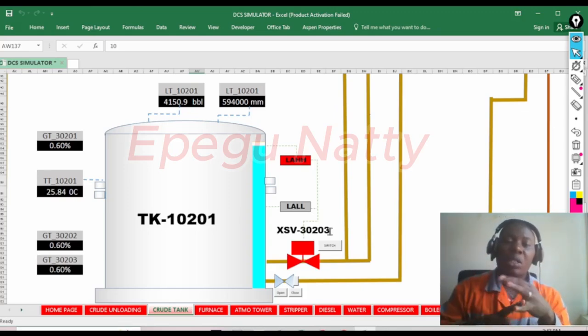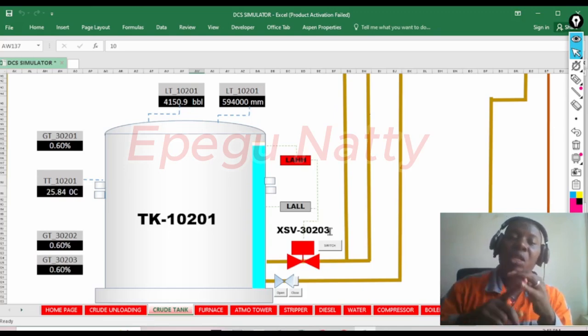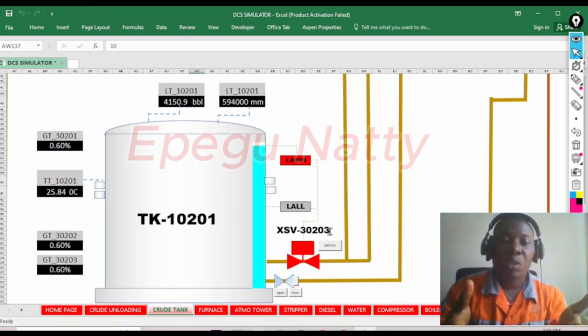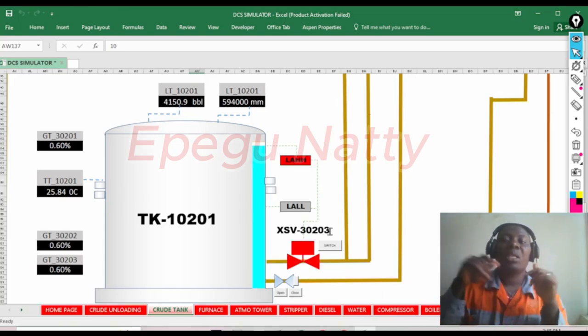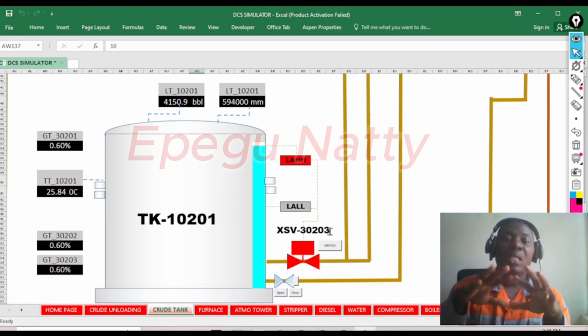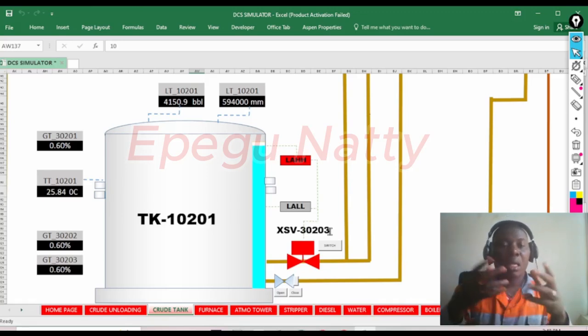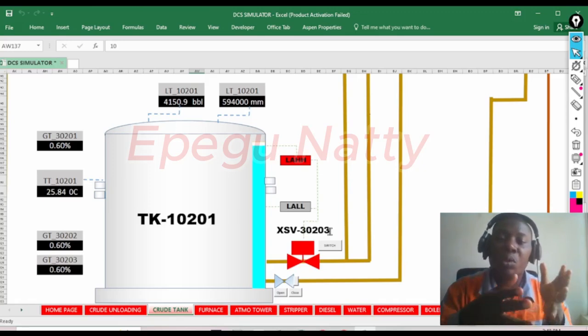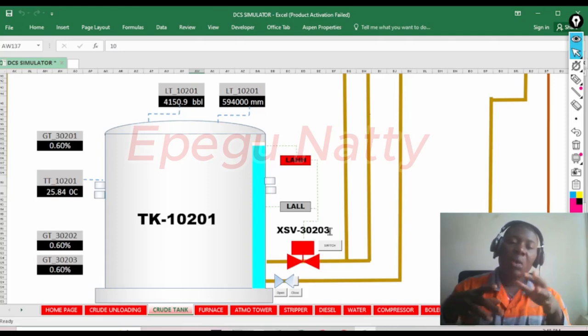The first one is you need to identify the potential hazard. So what is your potential hazard here? Let's say a spill, right? The spill of our product, that is the hazard. After knowing the potential hazard, the next thing you can do is analyze the system design.